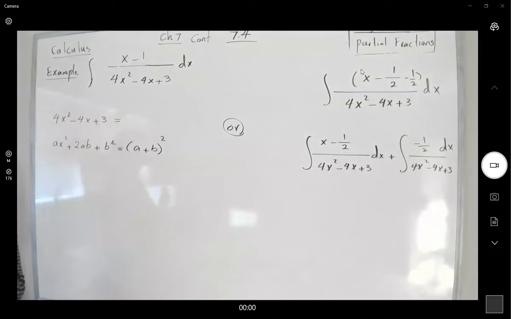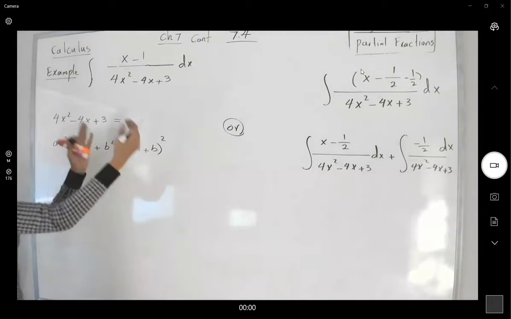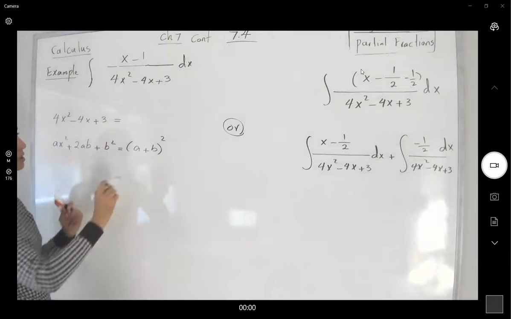So we're trying to add and subtract a number that helps us write this as the first term plus the second term, squared.